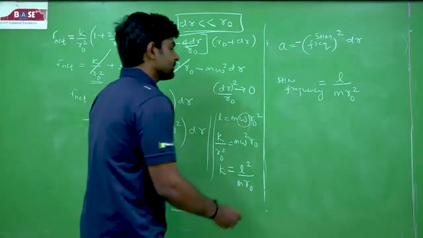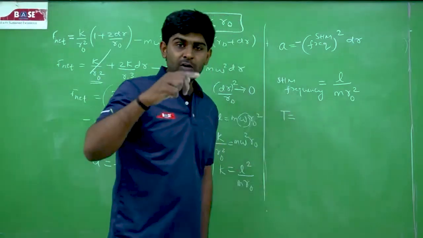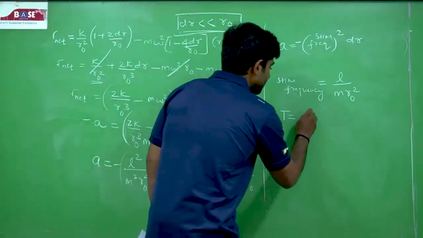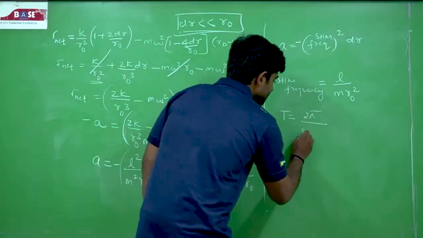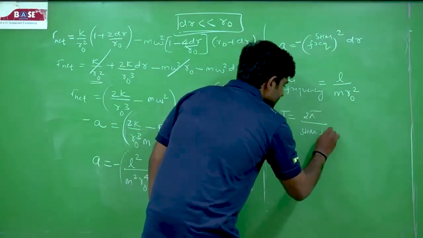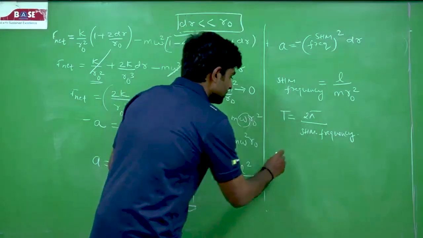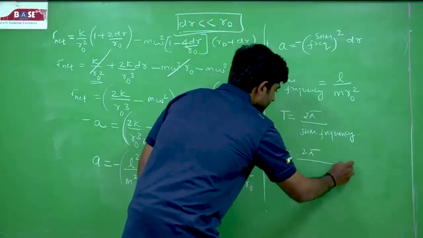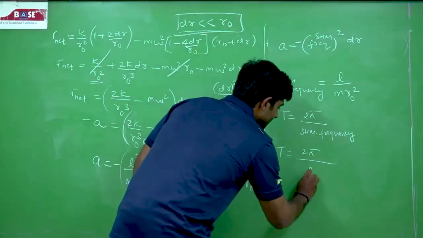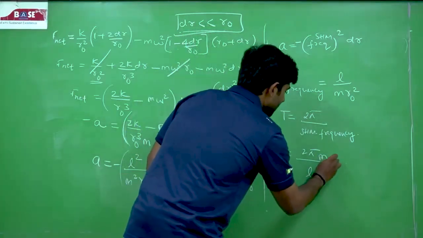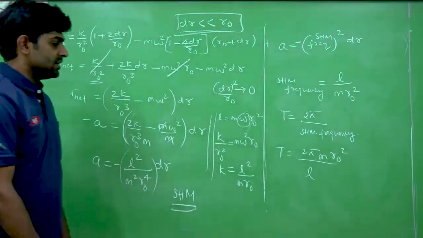Now the time period of that repeated motion, the variation in the radius, is given by 2 pi by that SHM frequency. It will set that periodicity, right? So time period will be 2 pi by L by m r naught squared.